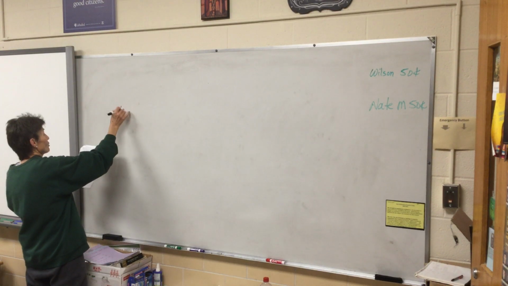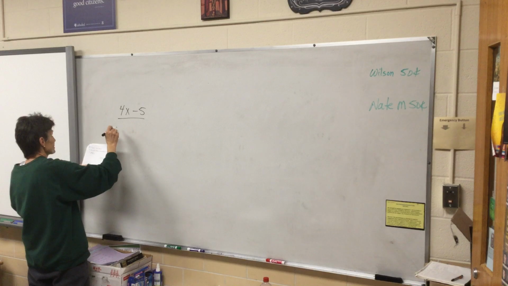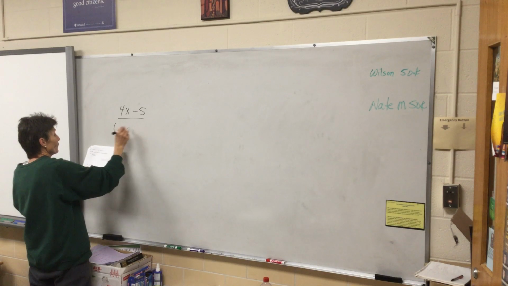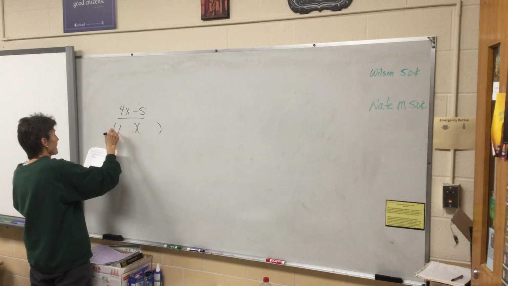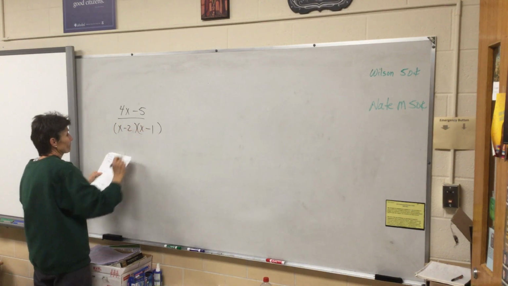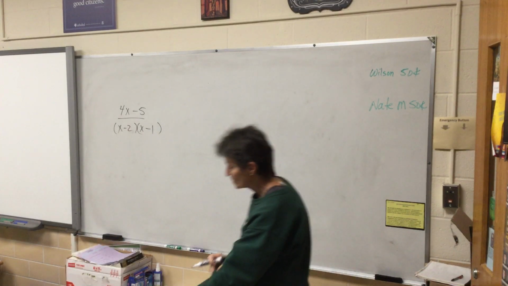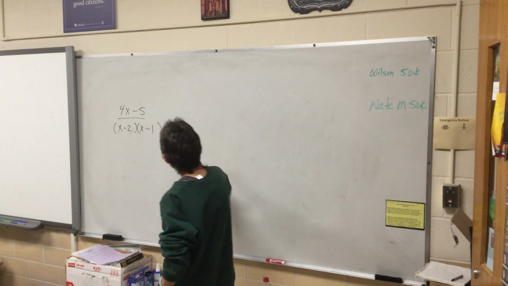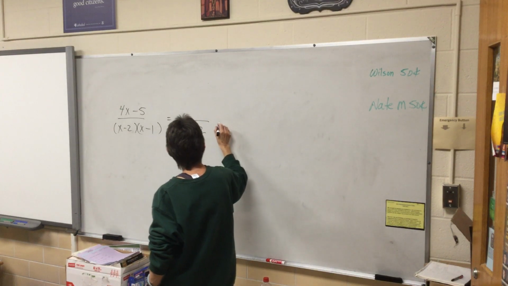So we want to find the partial fractions for this. So who remembers the first thing we do? You factor the bottom. Exactly. So that's my problem now. I have to factor the bottom, and then each factor on the bottom gets its own fraction.